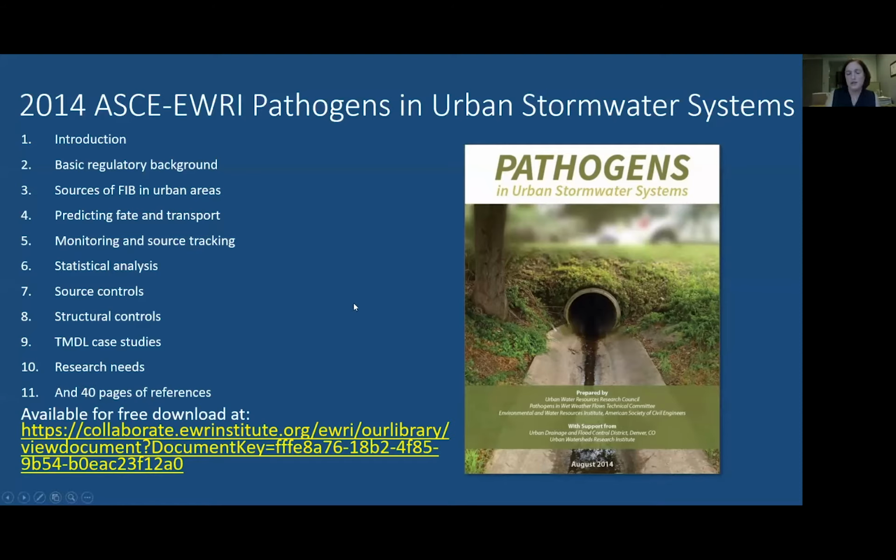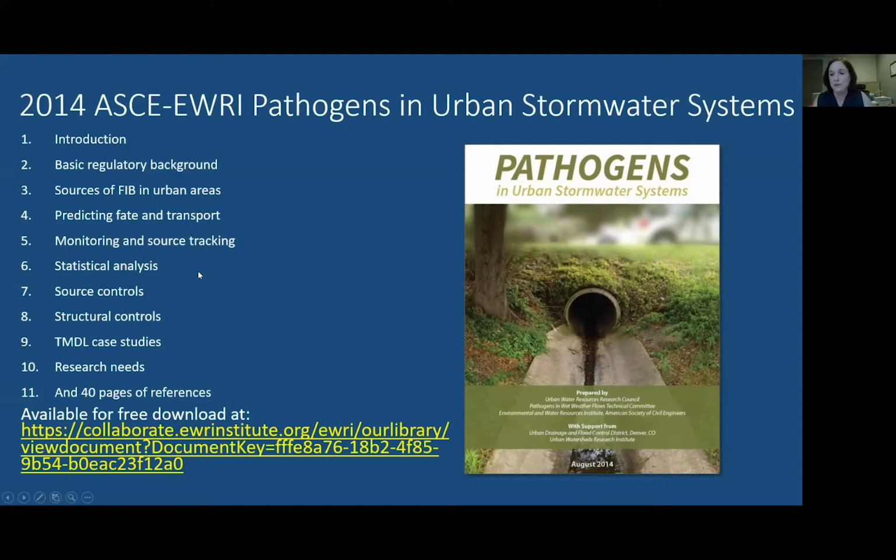And so it's a good resource if you want to get a broad understanding of the issues that MS4s face related to pathogens in urban stormwater systems or fecal indicator bacteria challenges. And the content here is your basic regulatory background, kind of a condensed version of EPA's 2012 criteria, information on sources of bacteria in urban areas, predicting fate and transport and difficulties associated with modeling, monitoring and source tracking.